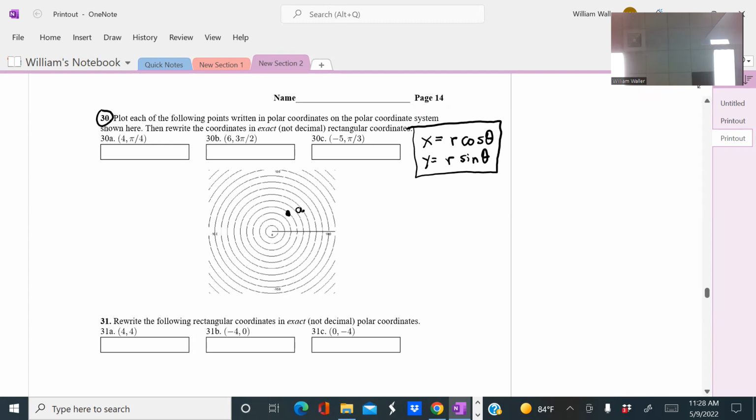What about point B then? Well, let's see. We're at angle 3 pi over 2. Where is 3 pi over 2? What is 3 pi over 2? Well, how much is just plain pi over 2? 90. So you got 3 pi over 2, Iris. So you're gonna rotate 90 degrees, but 3 times.